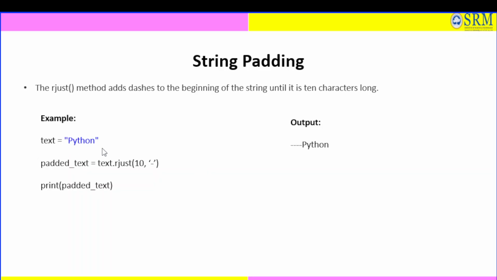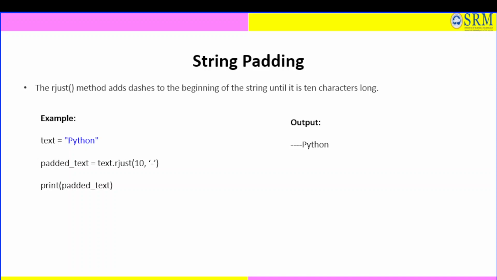Python has 6 characters, so the remaining spaces will be filled with a hyphen, and it is right justified. The first 4 characters are hyphens, and then the remaining 6 characters are the Python string. So it is right justified.